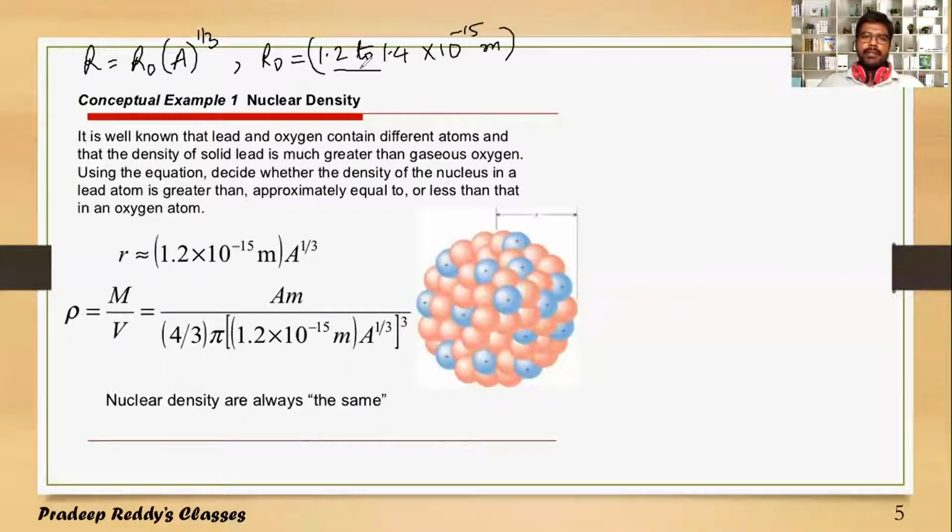And this changes from 1.2 to 1.4. In some textbooks they'll give 1.2, in some textbooks they'll give 1.4, sometimes they'll give 1.3. That depends upon the measurement of that particular constant.